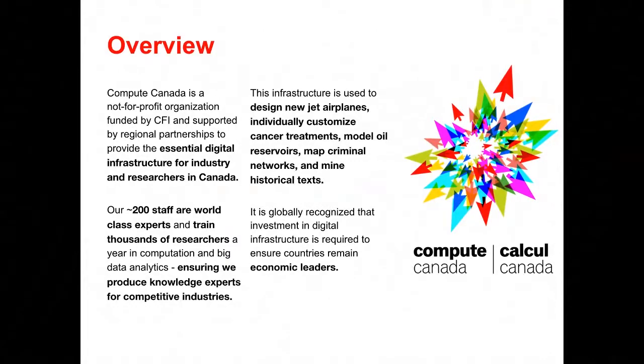So here's a short overview of Compute Canada if you're not sure quite who we are. Roughly, we're the umbrella organization in Canada that's responsible for coordinating with our regional partners to deploy high performance or supercomputing power for researchers. There's roughly 200 of us distributed across the country, and we're usually attached to research institutions like universities.